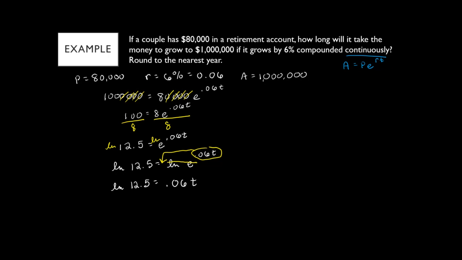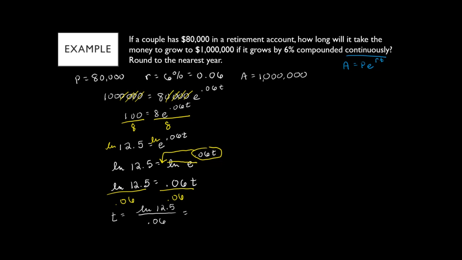So we've got the natural log of 12.5 equals 0.06t, and I need to divide both sides by 0.06. And so this gives me t equals the natural log of 12.5 divided by 0.06. And then this is when I will actually do the natural log.